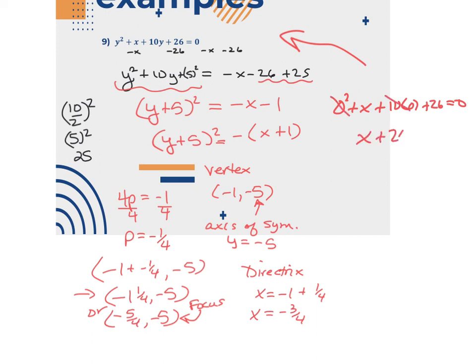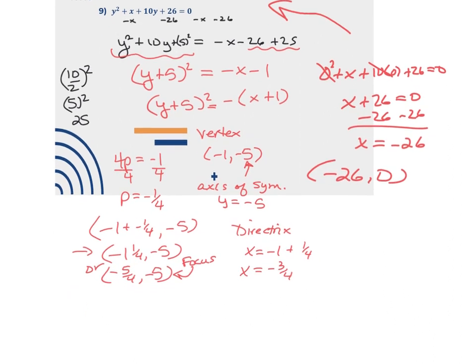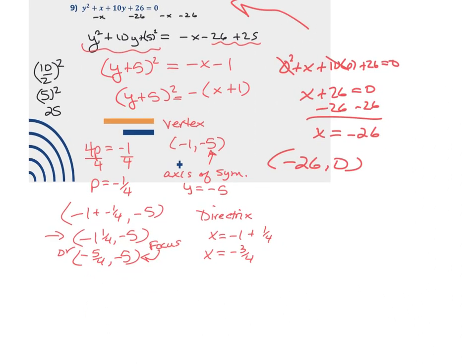So x plus 26 equals 0. X equals negative 26. Got an x-intercept that's really far out. Now, if you're looking for a point, you can plug in whatever you want for x or y. I could plug in negative 2 for x, and then I can get my y values. It doesn't really matter. So let's go ahead and just graph this.